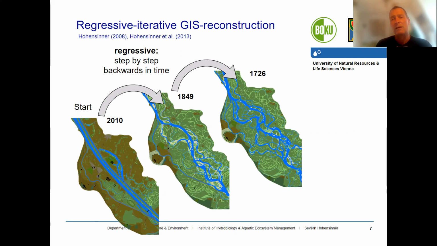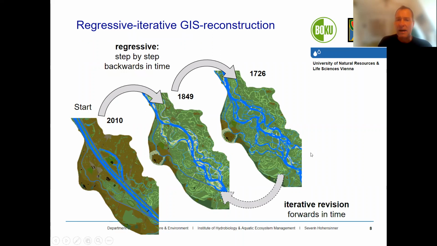Whenever a historical state was reconstructed, when we finished the reconstruction, we got new insights into certain landscape structures, riverine structures, from the younger time situation, in this case 1849, which we could not properly interpret. So we had to iteratively revise the younger time situation based on the knowledge from the older ones.